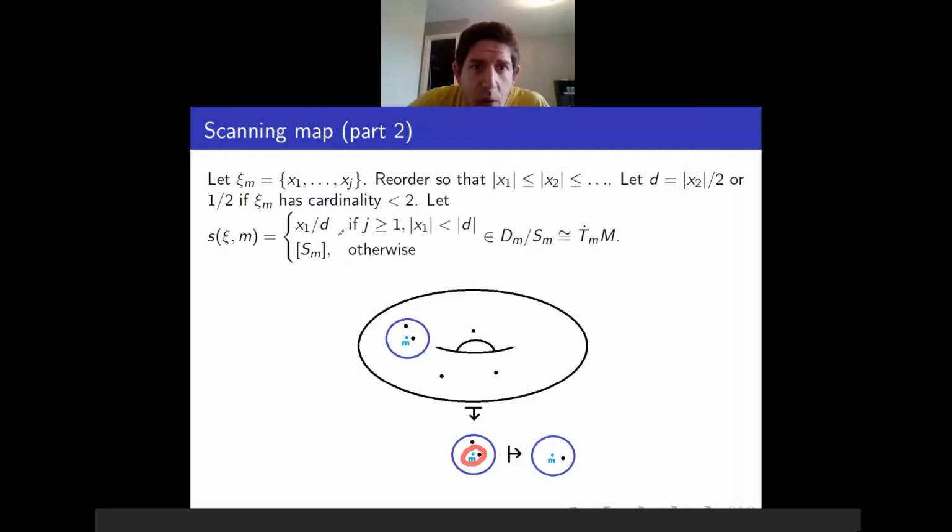And then we'll let S sub squiggle sub m be x_1 scaled by D, or the point at infinity, assuming that this is a point of the disk. Otherwise, if there's no x_1, or if this point is outside the disk, you just let it be the point at infinity, so the equivalence class of the boundary sphere.